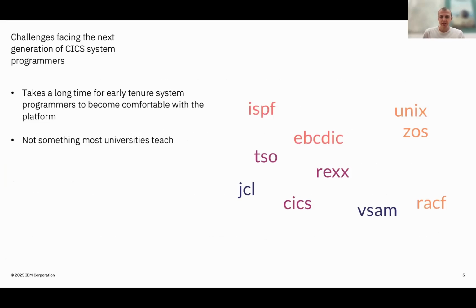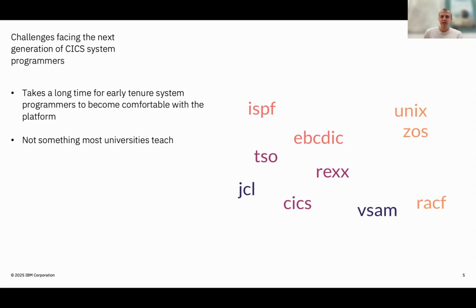So why are we here talking about CICS configuration? Students coming out of uni, fresh onto the scene, don't often come with out-of-the-box skills in a lot of the things that we depend on the mainframe for. So we're talking about z/OS skills, ISPF, RACF, VSAM, TSO, JCL.